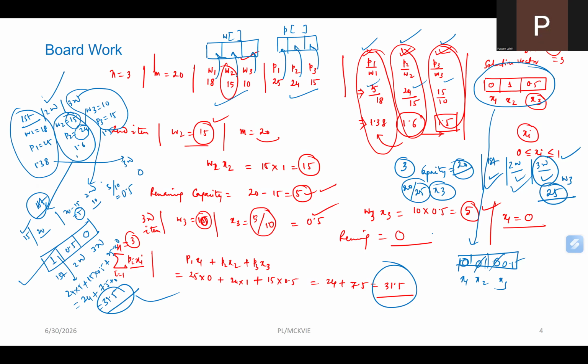So this is one of the tricks: the solution vector should be initialized to 0. That indicates no item is being utilized. If a non-zero value replaces this 0, this means it is the contributing factor of that particular item. If some values were initially 0 and remain 0 even after the method completes, that indicates those items have not been utilized, or were rejected. So here, just see this one.